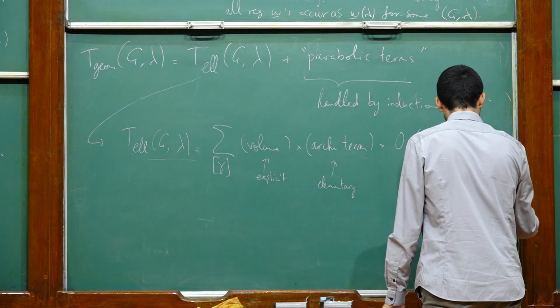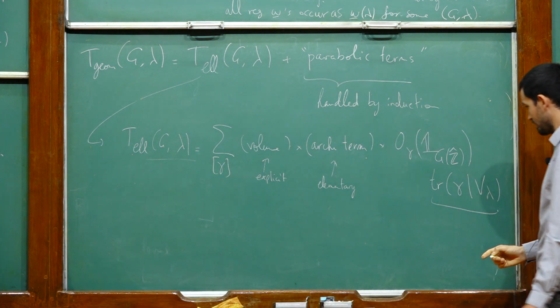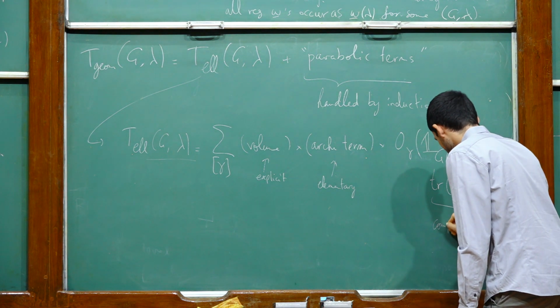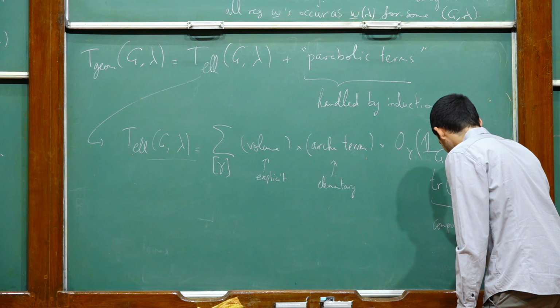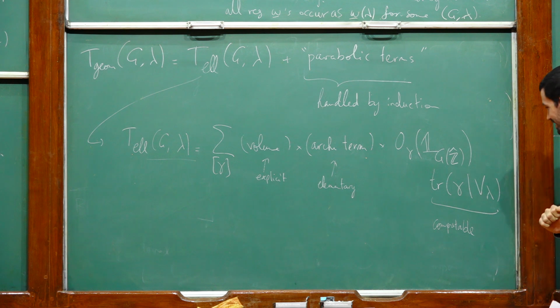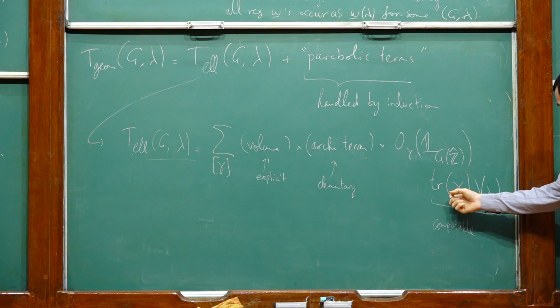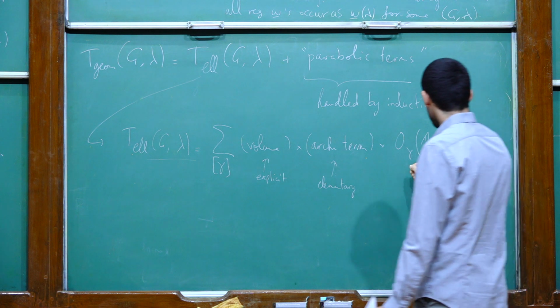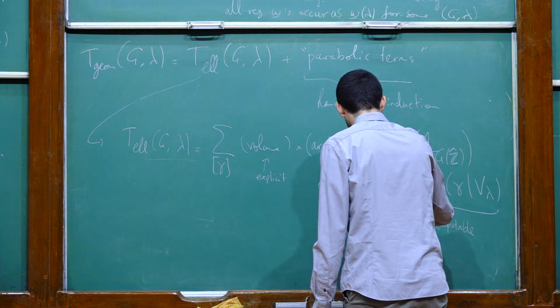This part here, well, if you're just looking for a conceptual formula, you can leave it as is, but if you want to actually evaluate formulas, let me just mention that this is computable. In fact, there are at least 3 different algorithms to compute this, and maybe 2 of them are good enough to be really computable in the dimensions that I mentioned. And so the main difficulty is this.